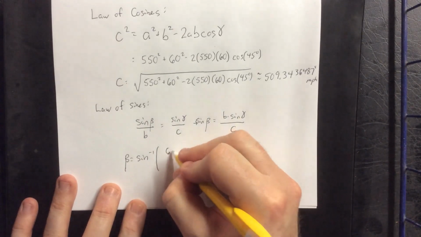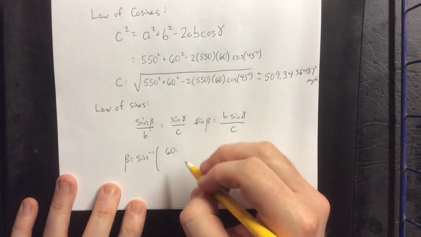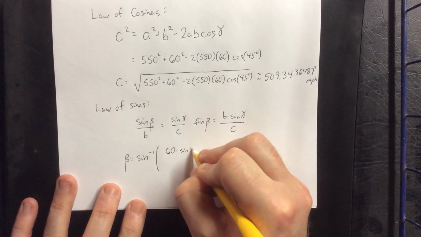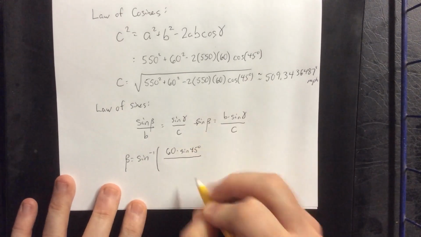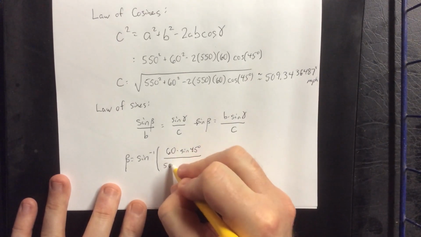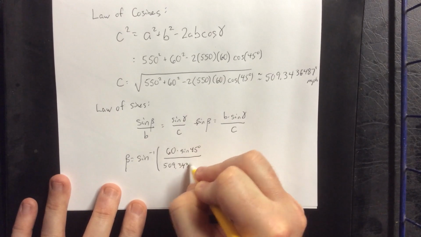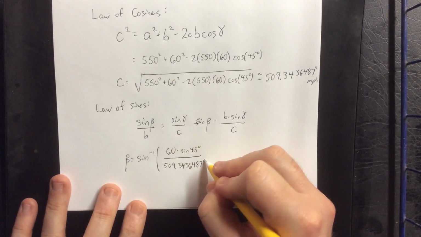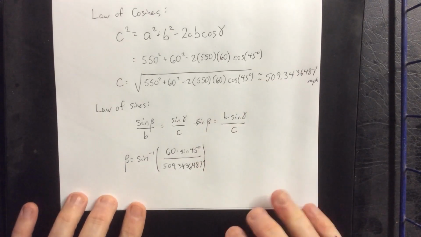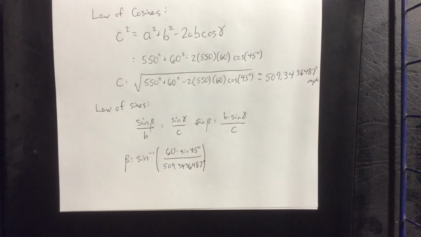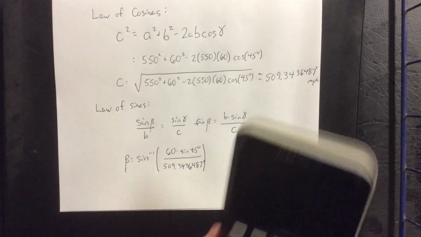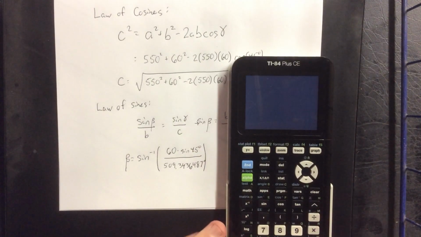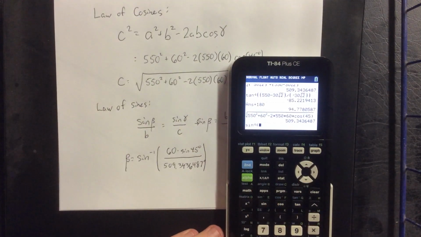B is 60. Sine of gamma would be the sine of 45 degrees. And this denominator is that number that we just found. And if we did this right, the bearing that we got the other way was, what was it, 4.778 degrees? Well, let's see if we get 4.778 degrees by doing all of this.